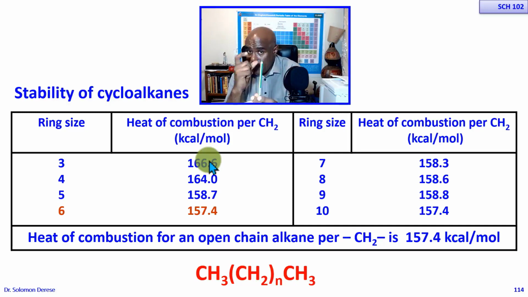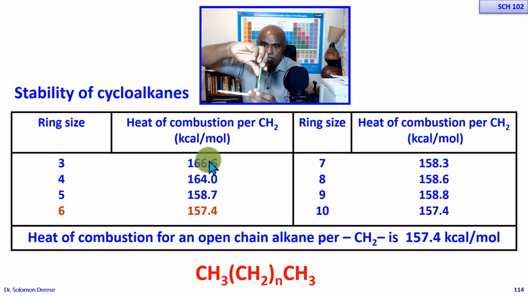When they form a ring, as we saw in the case of cyclopropane, the bond angle cannot be 109.5 degrees. This bond angle can only be 60 degrees. So what's going to happen? These orbitals have to bend inwards, this one as well as that one, to the point of almost breaking. That's why they are very, very unstable.